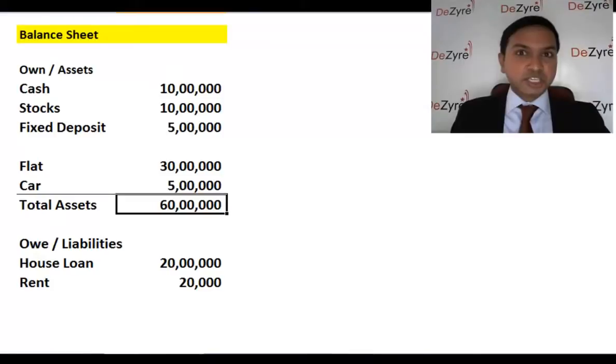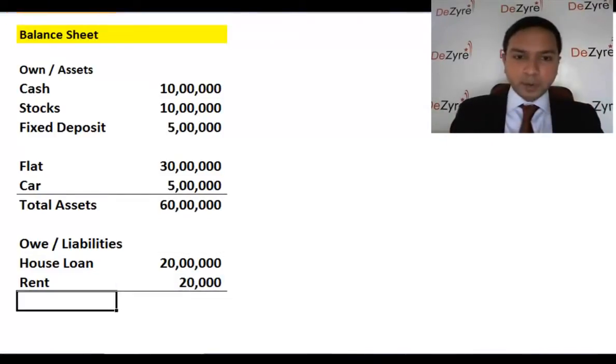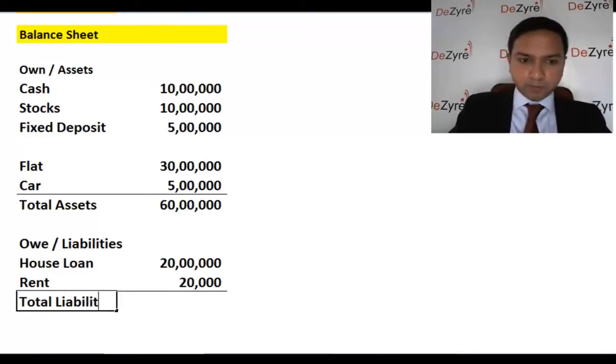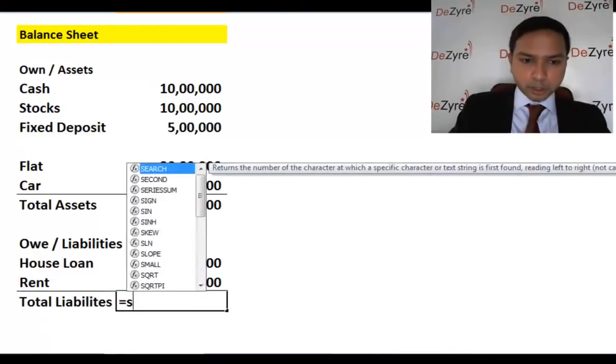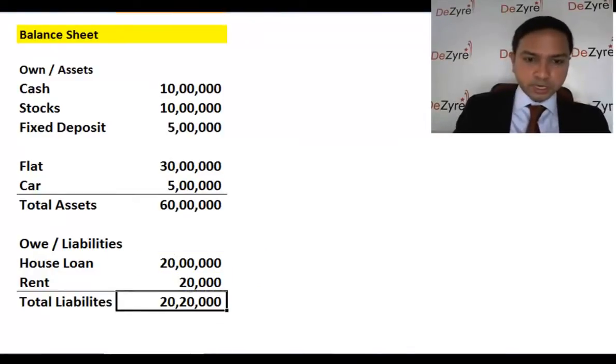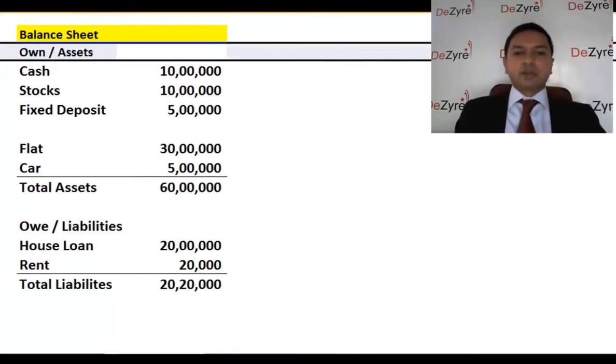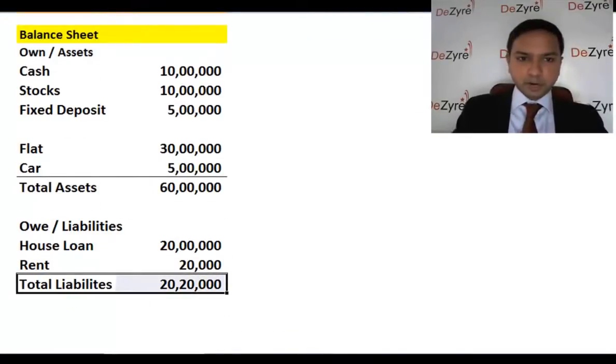Your total assets are 60 lakhs, but not yet. You don't own that entire money. You also owe people some money. You remember that? So what are your total liabilities? Your total liabilities is 20 lakhs and 20,000. That's your total liabilities. All right.